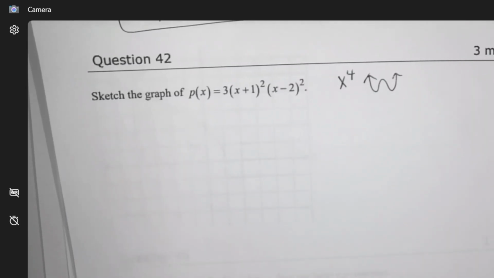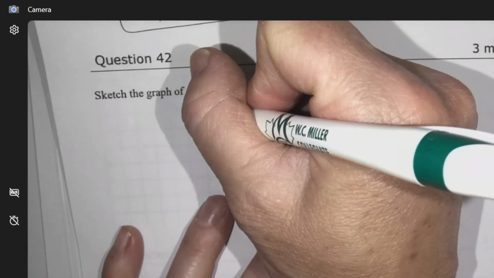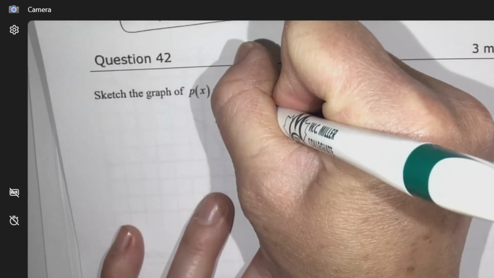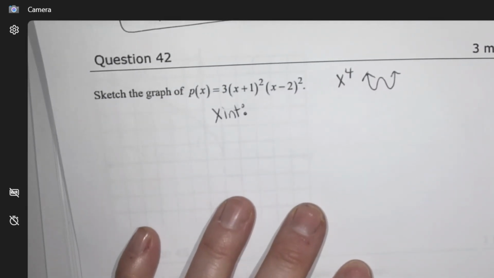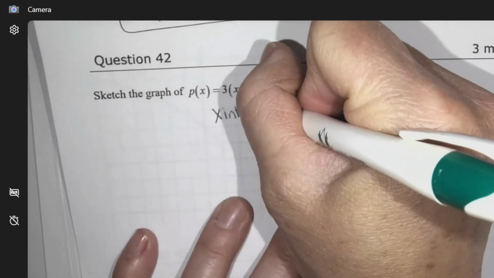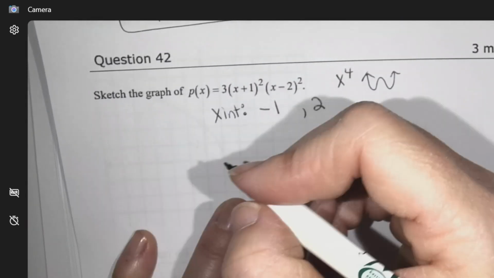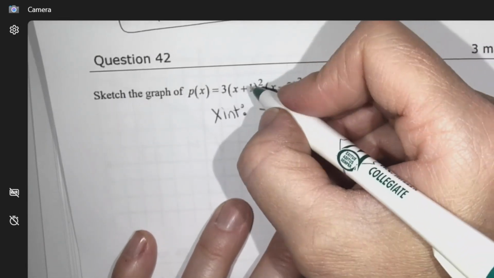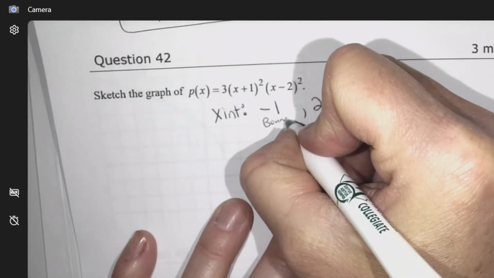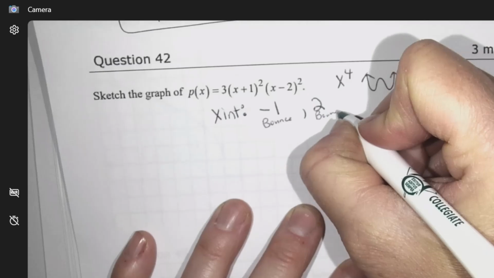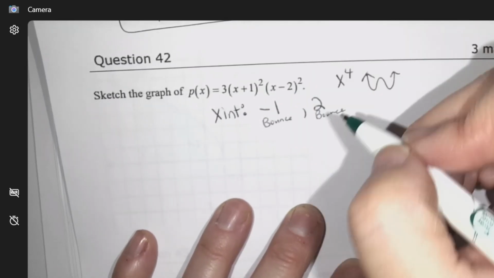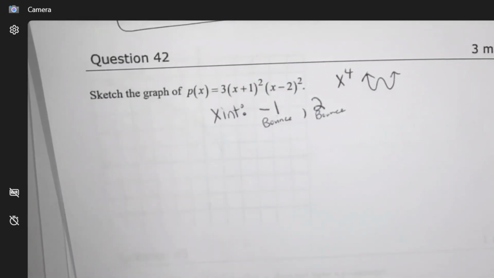My idea of the general shape is a W. Where are the x-intercepts? -1, +2. This is doubled, so that's going to bounce. This is doubled, so it's also going to bounce.